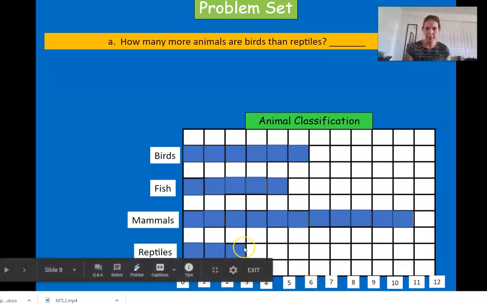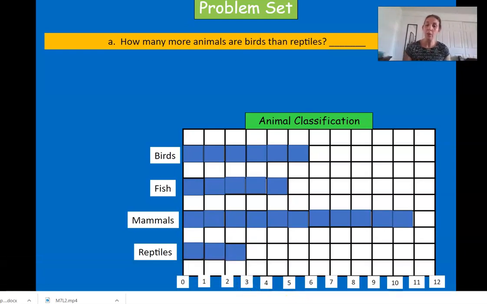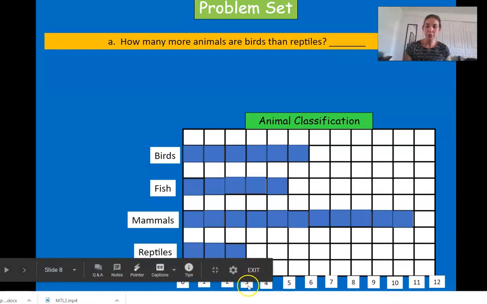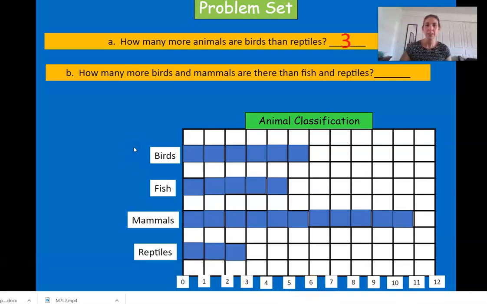And we have how many reptiles? 3 reptiles. So you could say 6 minus 3 equals 3. Or if you didn't know that math in your head, you could start at the 3 and you could count up and see how many more there are. You could count up and say 1, 2, 3. Okay? Either way, you would get your answer 3.